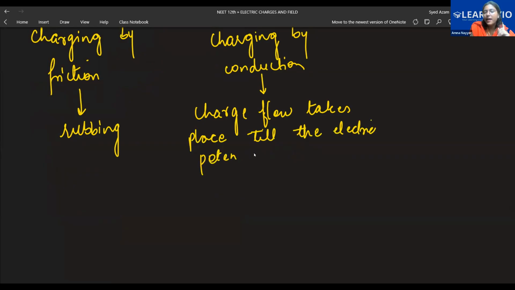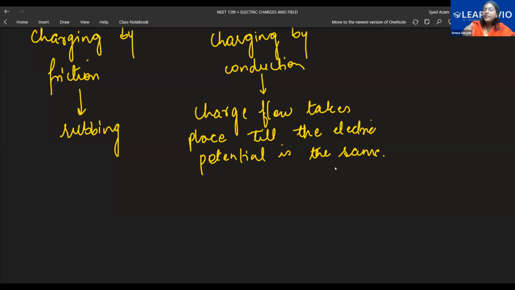We haven't discussed potential, but just keep it in your mind that, just as electric field is in vector form, electric potential is the scalar form. So charge flow takes place till the electric potential becomes the same. This is one point which is important to remember.